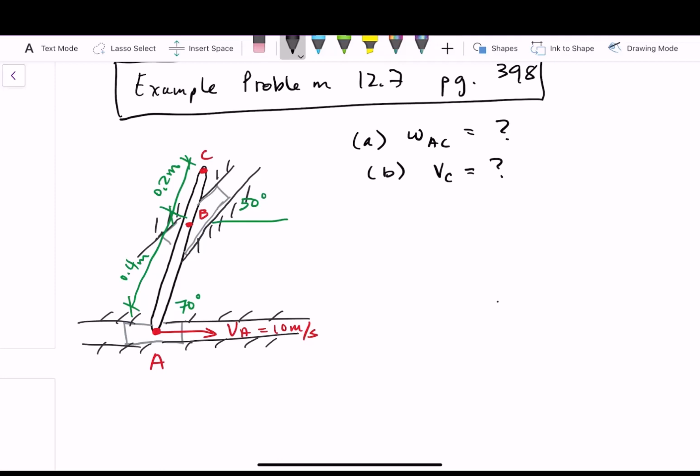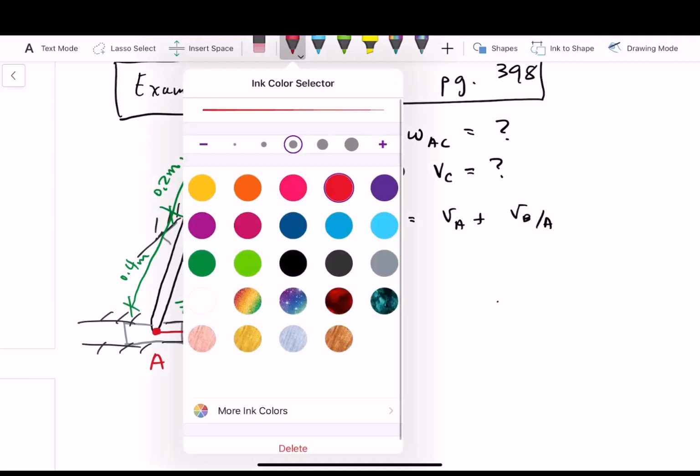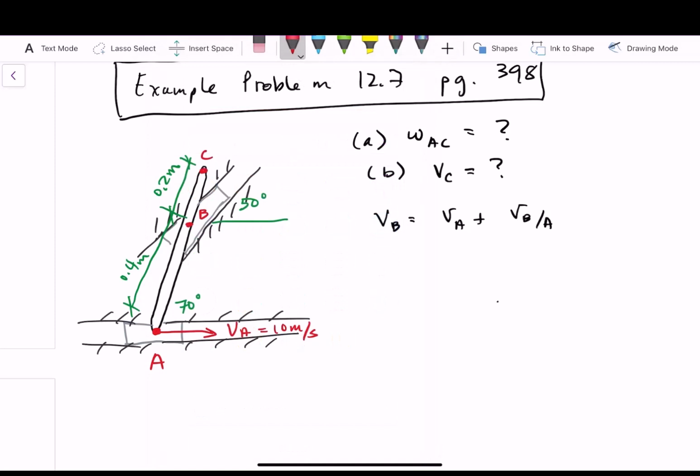So that means that very first step in this problem is writing out our equation. We have VA, so let's solve for VB. So VB is equal to VA plus the velocity of B with respect to A. Just make sure our subscripts work out, and they do. Next step is to provide all the knowns below that equation.